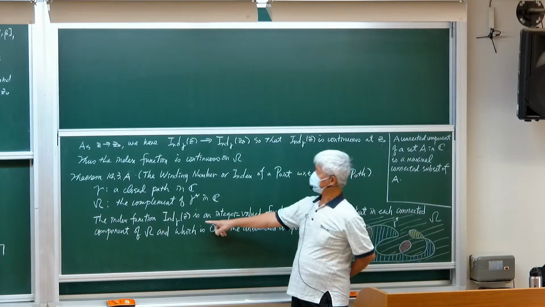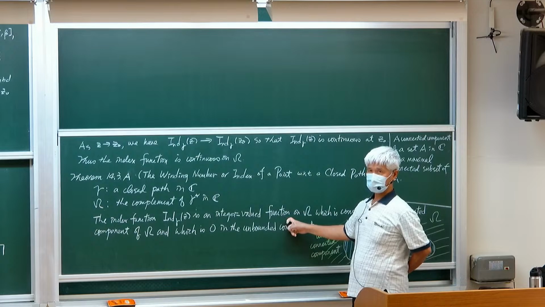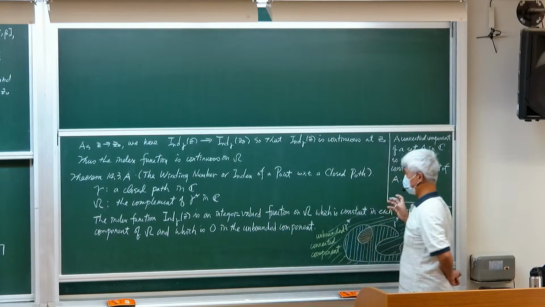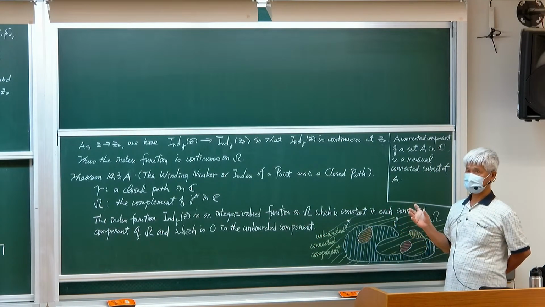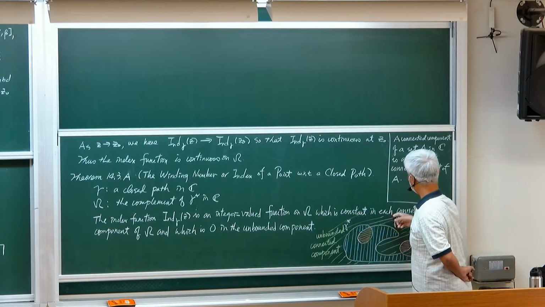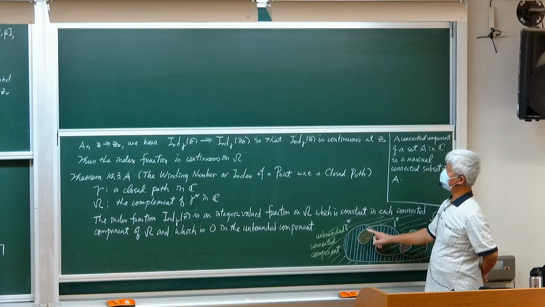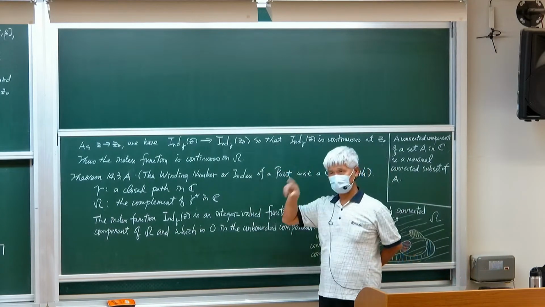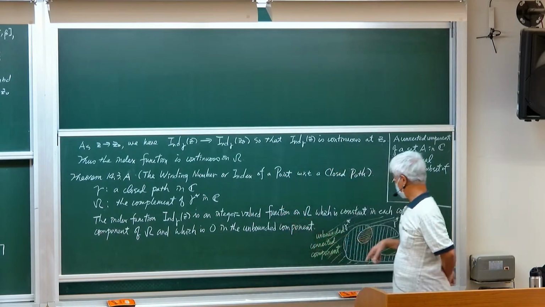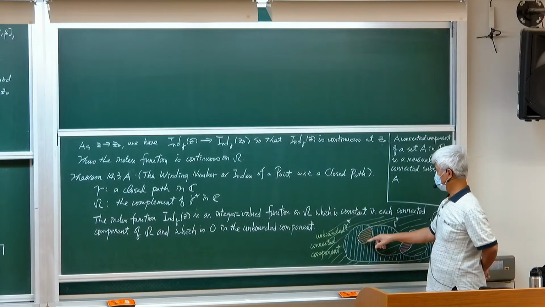The theorem says that the index function is an integer valued function, so the value can be only integers. And it is constant in each connected component. The reason is that the index function is continuous and integer valued.